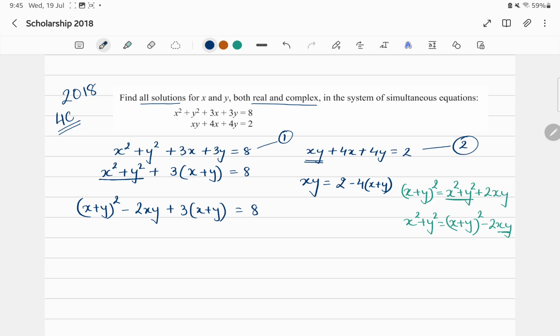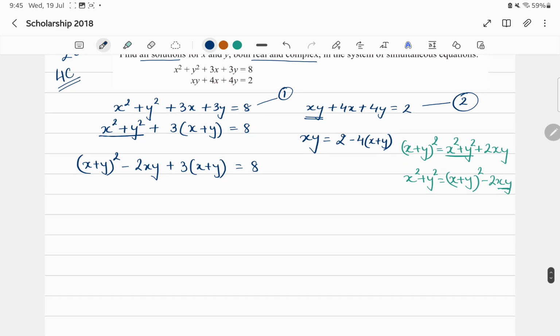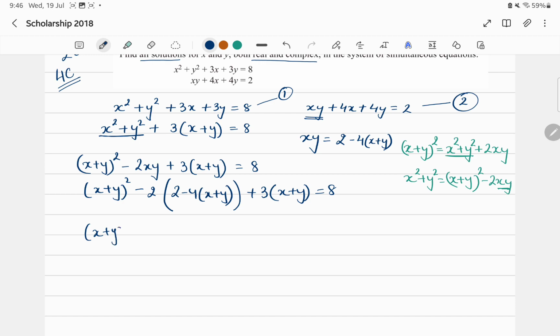So we substitute that here, which gives us (x plus y) whole squared minus 2 times (2 minus 4(x plus y)), plus 3(x plus y) equals 8.